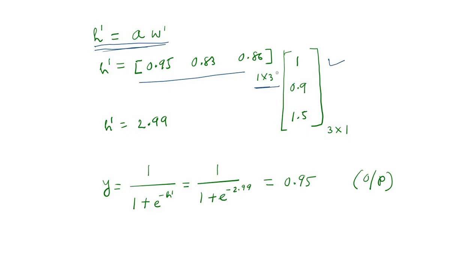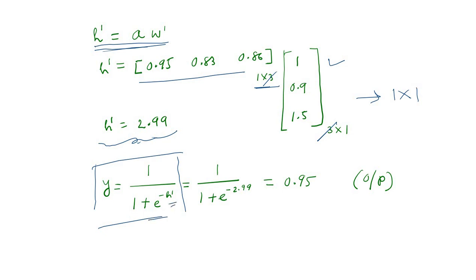The inner dimensions are 1 cross 3 and 3 cross 1, so they cancel out, and the final dimension is 1 cross 1. So h dash is 2.9. If I pass it to the sigmoid function, which is 1 divided by 1 plus e to the power minus h dash, I put this value here. The final output is 0.95.